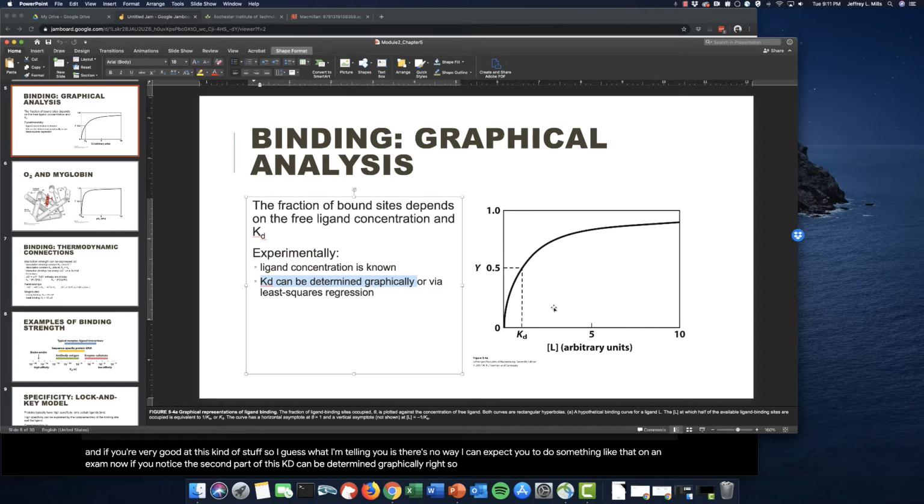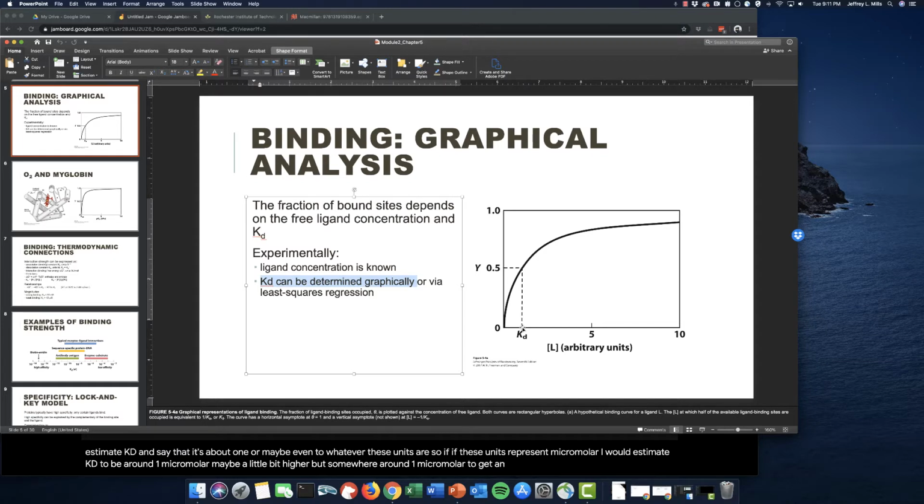So if we look at this particular example, you could estimate KD and say that it's about 1 or maybe even 2, whatever these units are. So if these units represent micromolar, I would estimate KD to be around 1 micromolar, maybe a little bit higher, but somewhere around 1 micromolar.